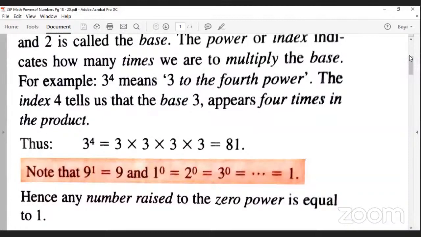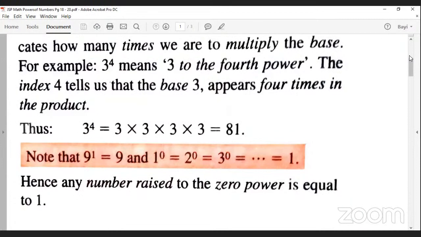So the base 3 appears 4 times in a product.